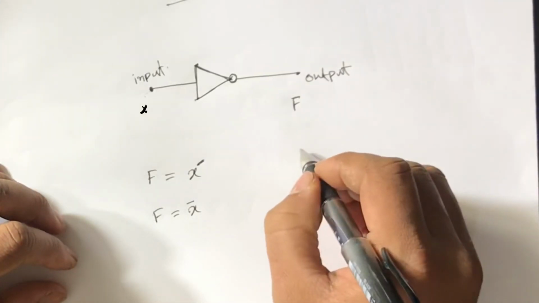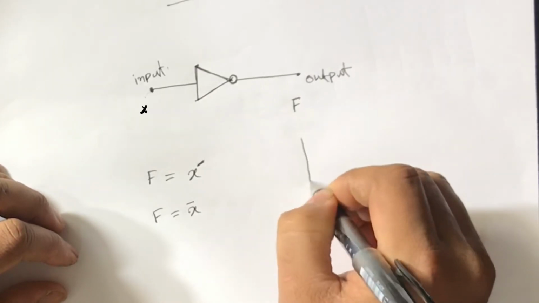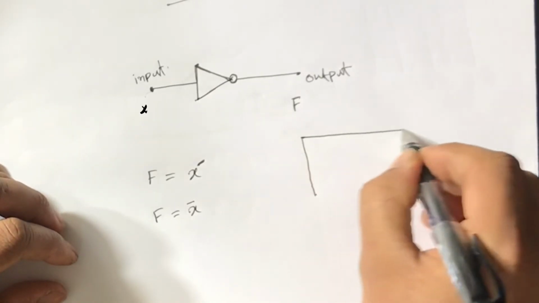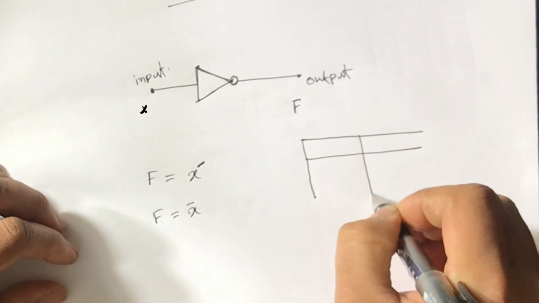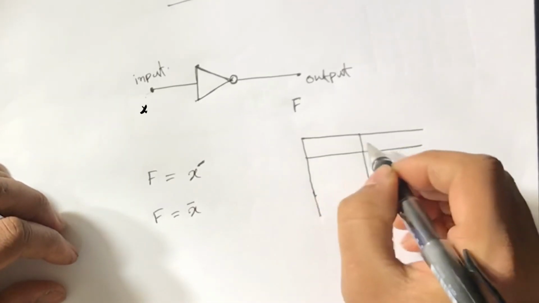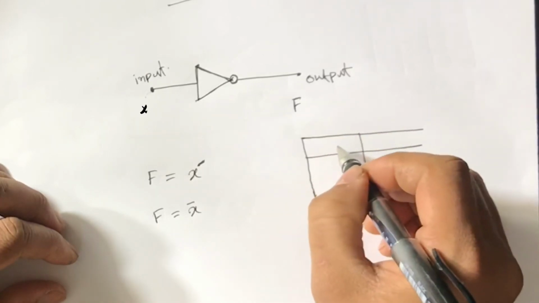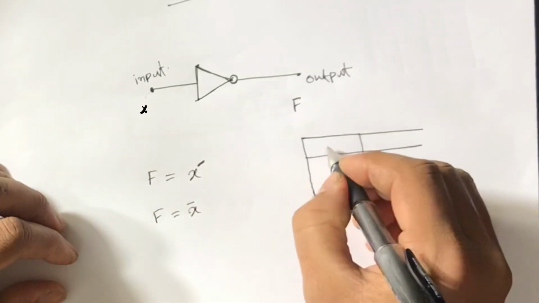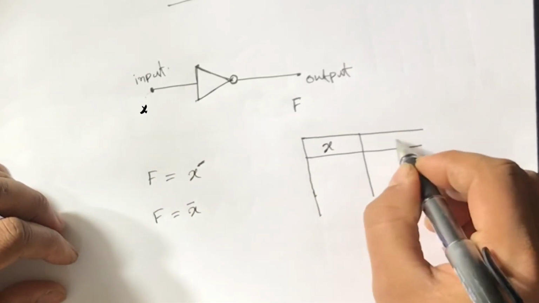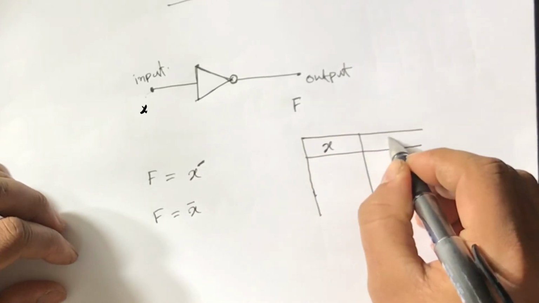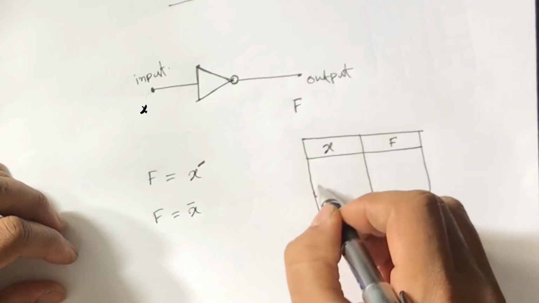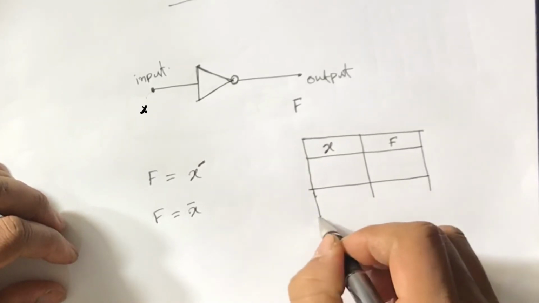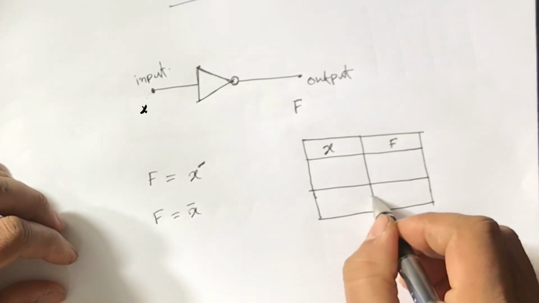Again, to formally visualize the operation of a NOT gate, the truth table for NOT gate is, as there is only one input, we can say X, and one output, this is F, and we have only two possible values for this input.